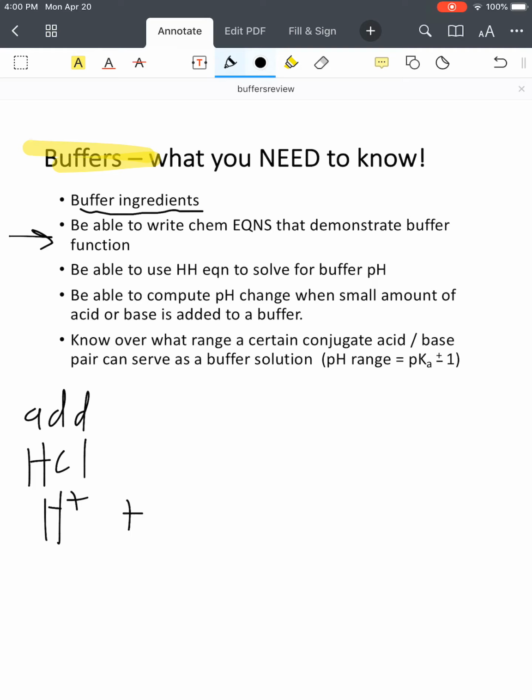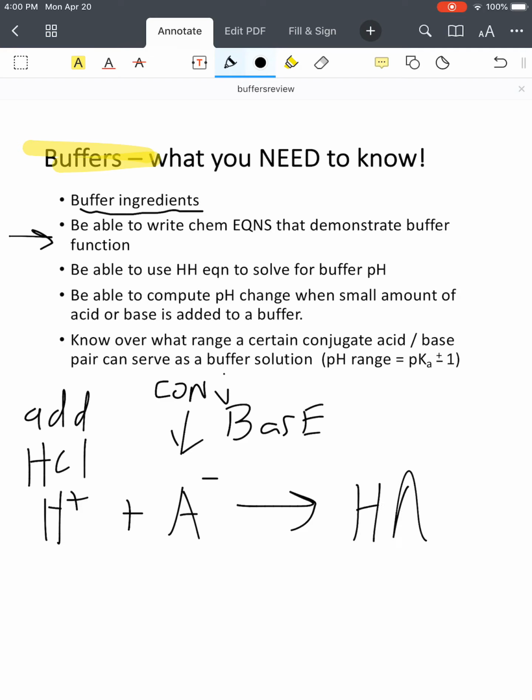We need to figure out how to get rid of that H plus from solution. We can't have that in solution because it's going to change the concentration of H plus, thereby changing the pH. And the reason why a buffer works is if you add H plus, the conjugate base, which is the A minus form here, can neutralize the addition of H plus and you make the acid form.